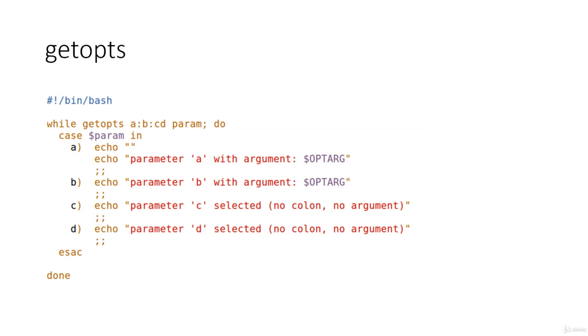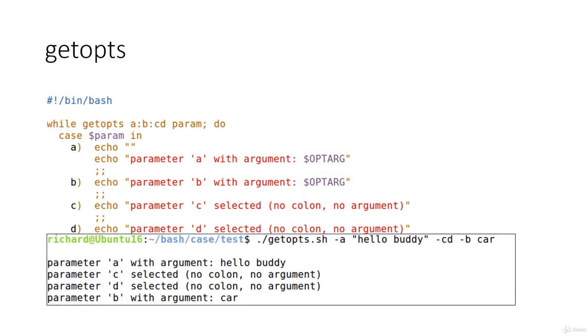Now, you might be asking what those colons after parameter a and parameter b mean. If we use a colon after some positional parameter, it is expecting that this parameter is followed by some argument. If a positional parameter is followed by some argument, we can access the value of that argument by using a variable called optarg.